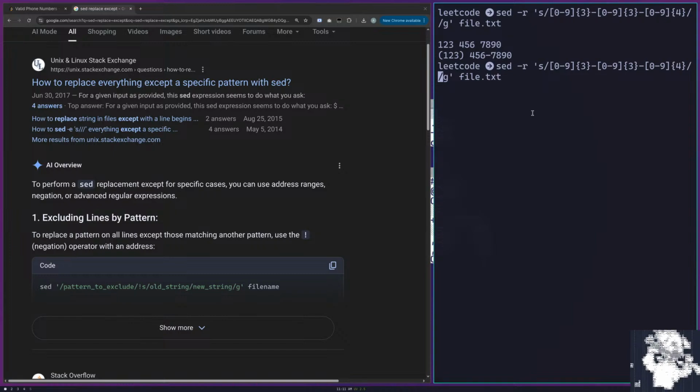Exclamation mark S. So you start with the pattern and then you say exclamation mark S in between the two. No. Yeah, okay.